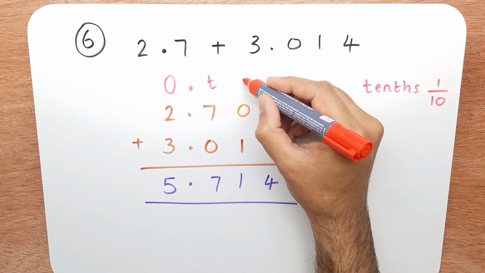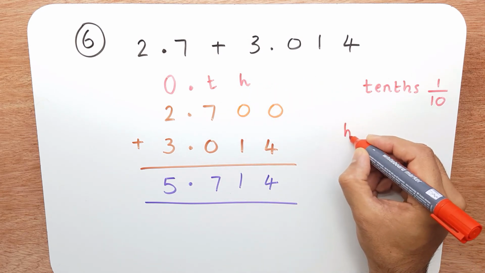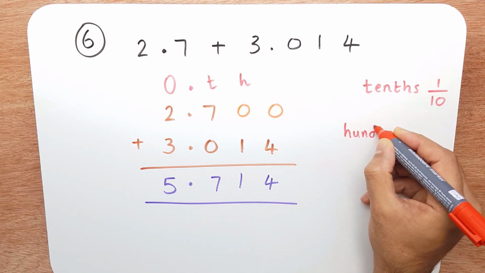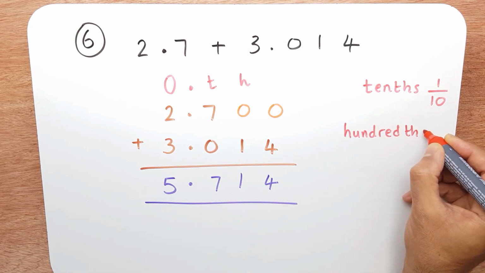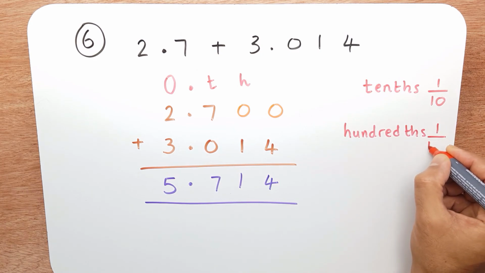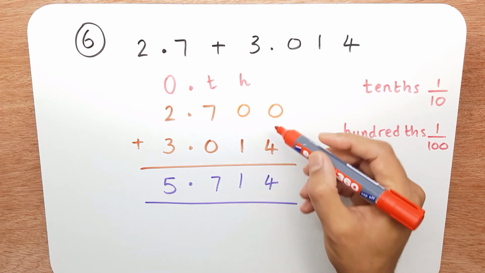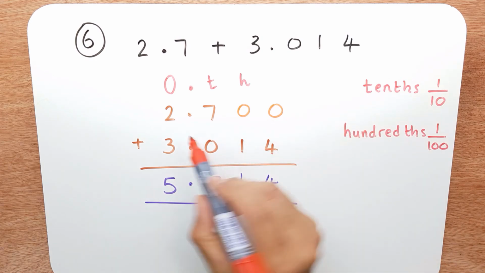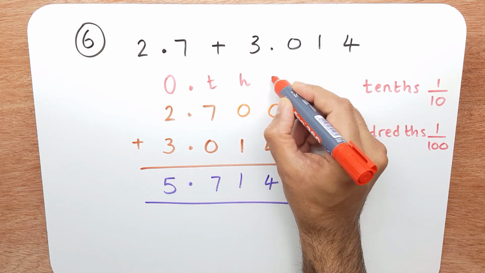The next column is the hundredths column. So let me write that here, hundredths. And that would be written as 1/100. And finally, this third column from the decimal point, 1, 2, 3, is the thousandths column.